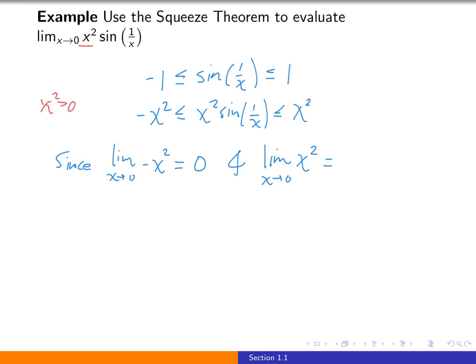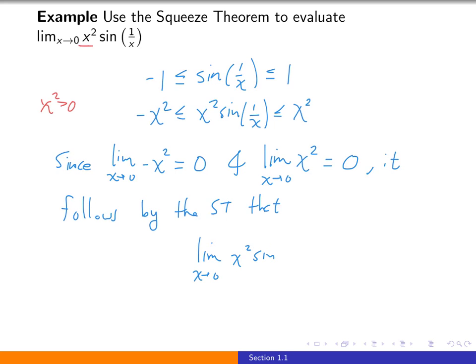We use the substitution property, we get back the limit is 0. So since these two limits are 0, it follows by the squeeze theorem that the limit of the function in the middle is also 0. That would be the limit as x approaches 0 of x squared sine 1 over x is equal to 0.